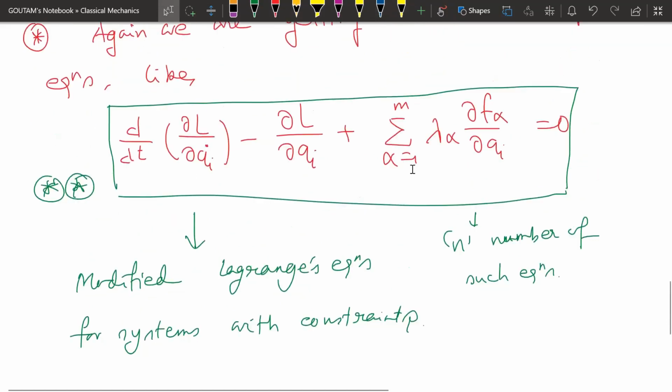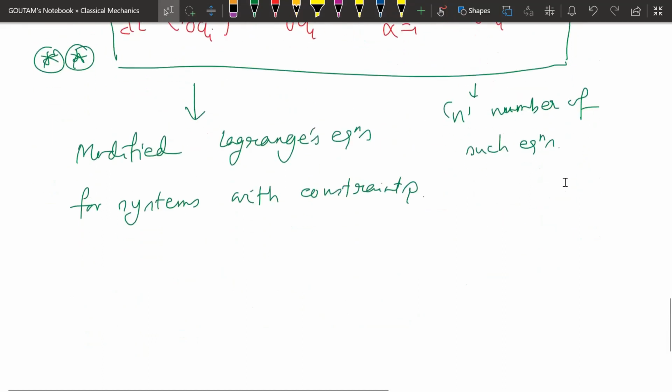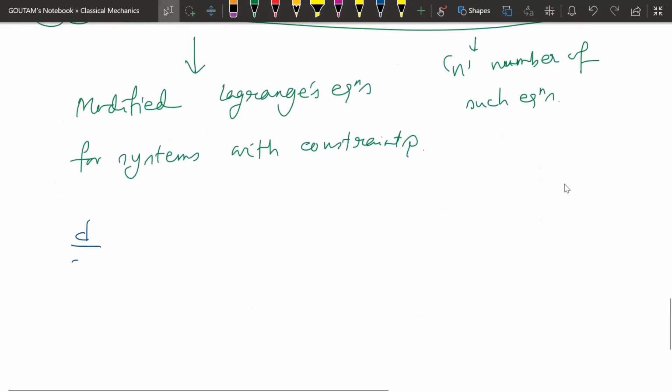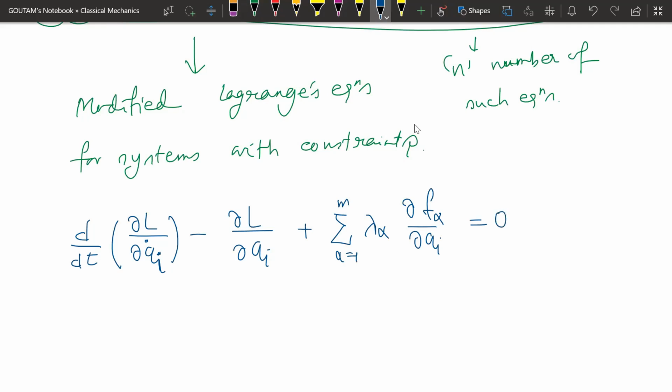Now, let's look at this equation a little carefully. So we got d/dt of del L del Qi dot minus del L del Qi plus sum over lambda alpha del F alpha del Qi, the sum from alpha equal to 1 to m, equals 0.